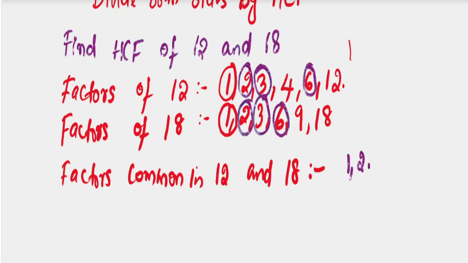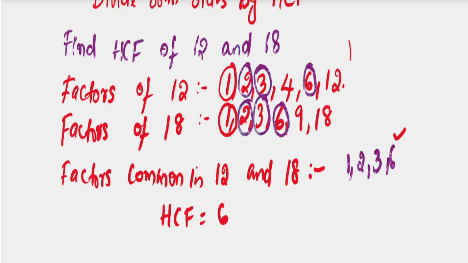Now we can find the factor which is the highest. From these common factors we can see that the highest common factor is 6. So the HCF of 12 and 18 is 6.